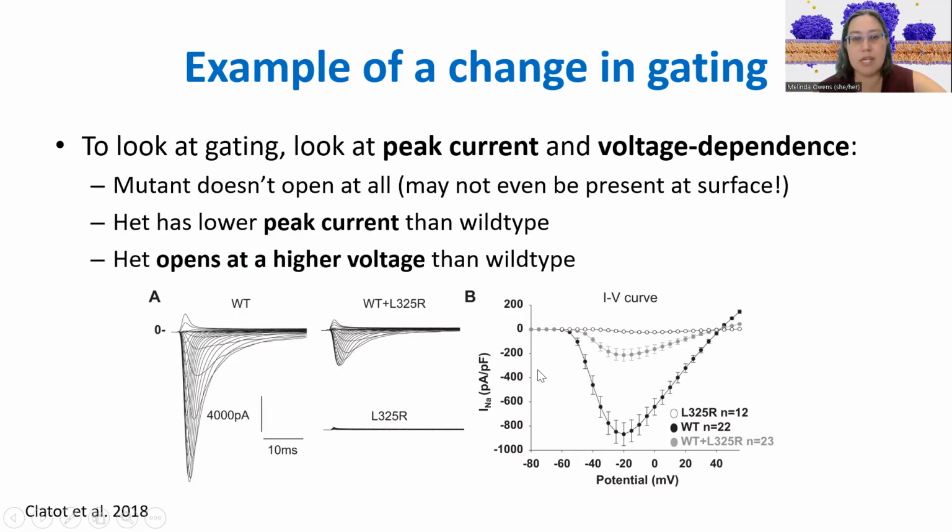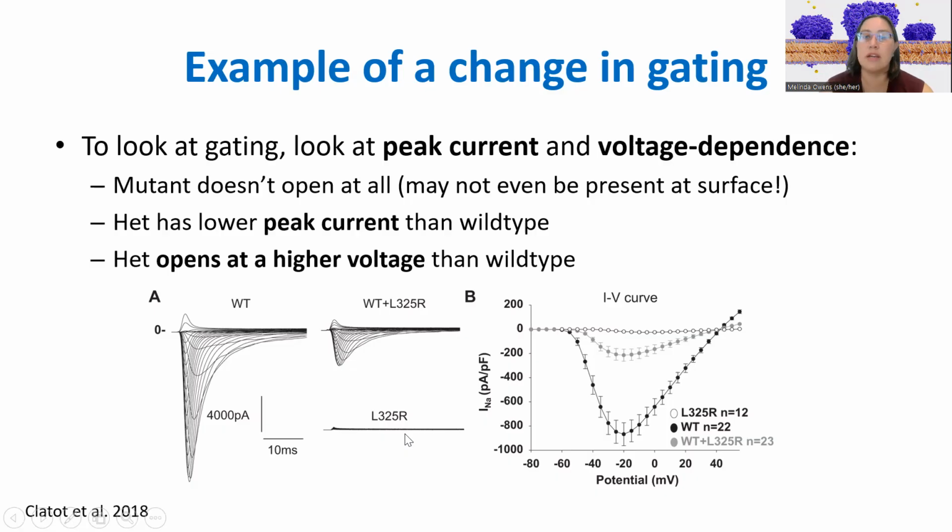If you look at the IV curve, this heterozygous has a lower peak current than the wild type, and it opens at a higher voltage than the wild type. You can see the wild type starts opening at like -50 or so. It starts opening a little bit, whereas this heterozygote only really starts opening at like -40.